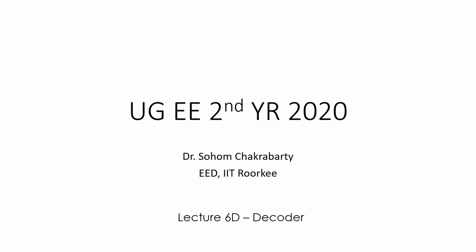Any combinational circuit you will be able to implement using decoders and muxes. That is why it is very important, and the point to note is that to do that implementation you will not need to go through the minimization route.